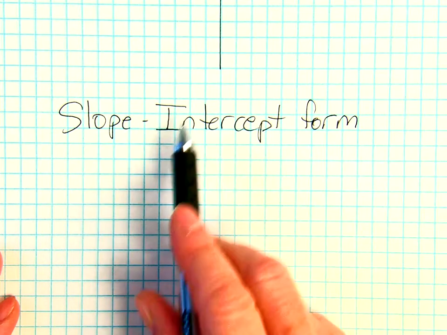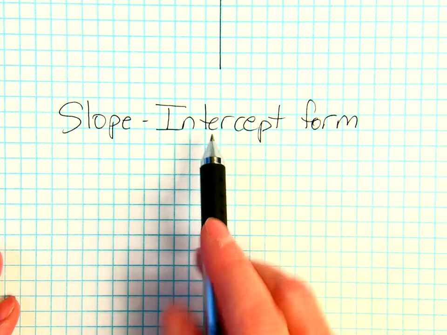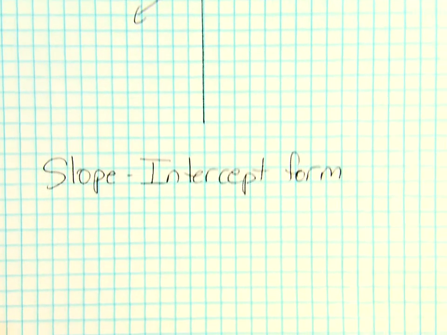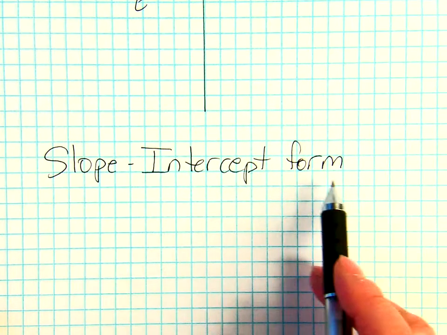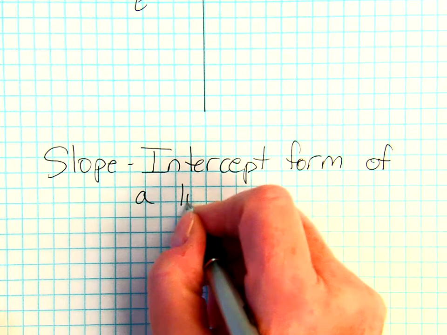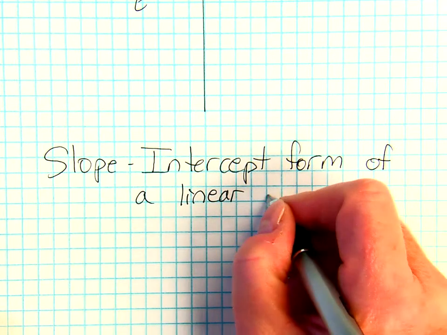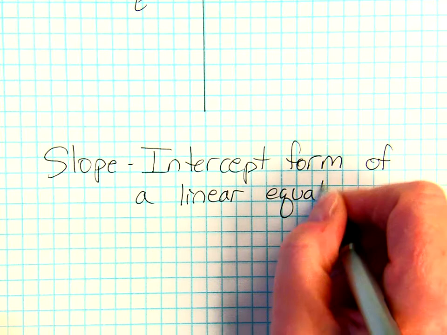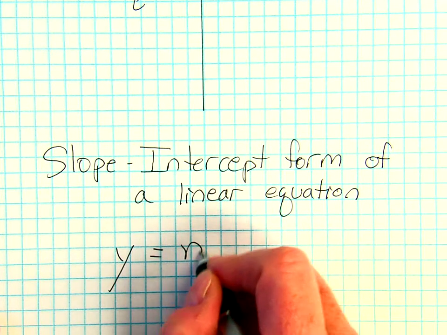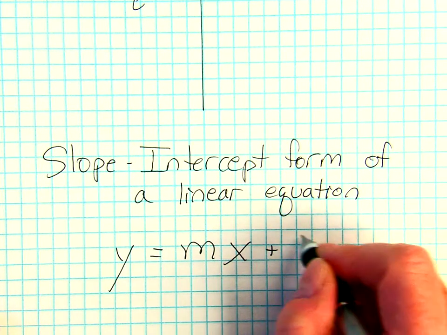We just talked about this intercept, okay? It's that y-intercept right there, okay? The slope-intercept form of a linear equation is in the form of y equals mx plus b.